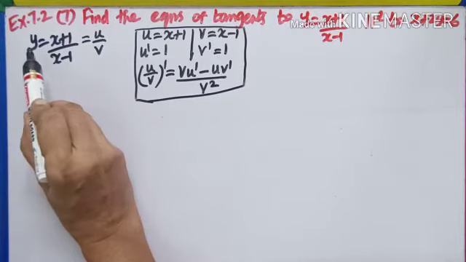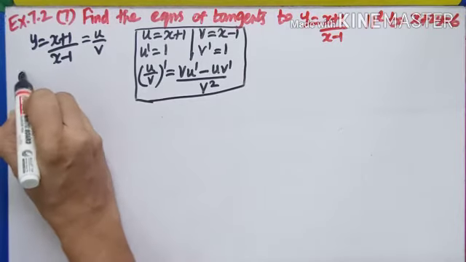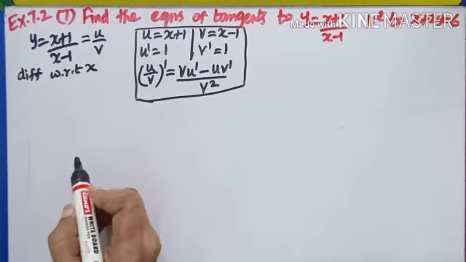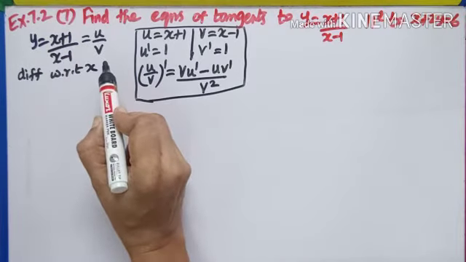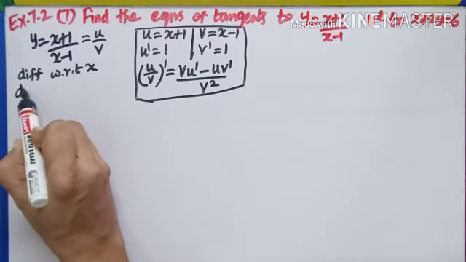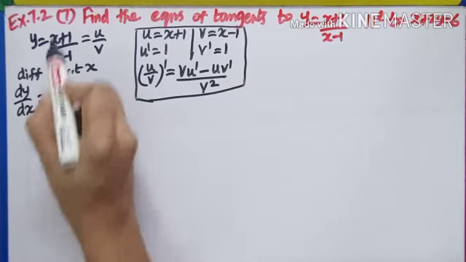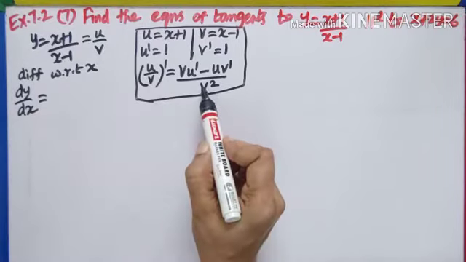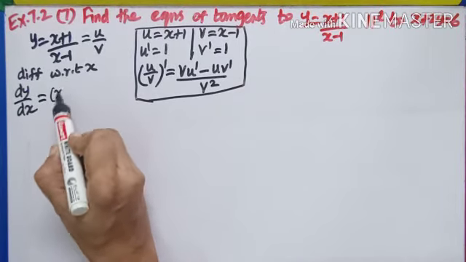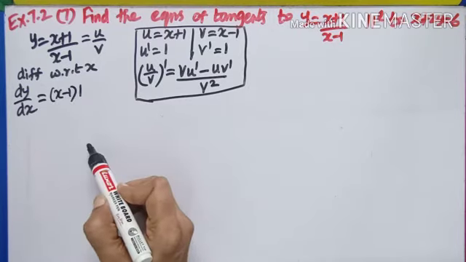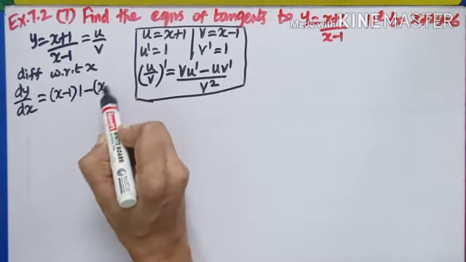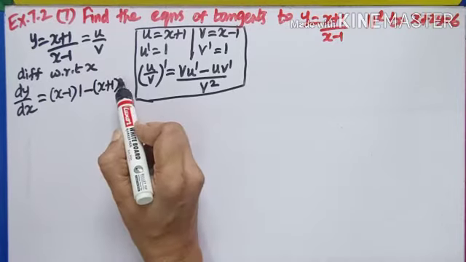So my question is y equals x plus 1 by x minus 1. Differentiating with respect to x, which is in the form of u by v pattern, we apply the formula. dy by dx equals v u dash, v is x minus 1, u dash is 1, minus u v dash, u is x plus 1 and v dash is 1.